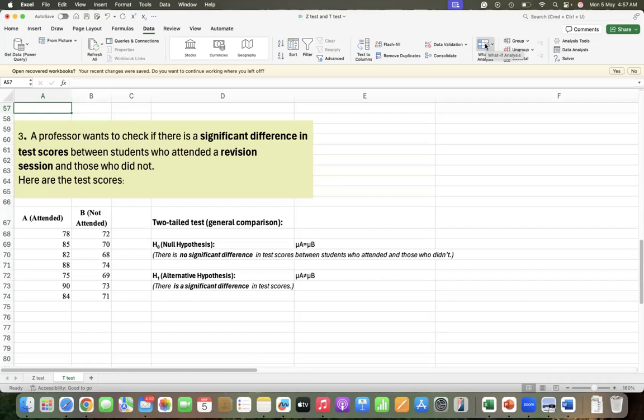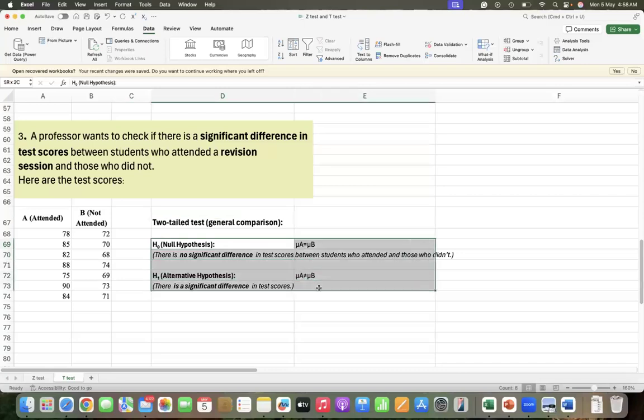So this is on the basis of that concept. Here we are trying to test whether the students who attended the revision session are better off or not. So the null hypothesis says that there is no significant difference.